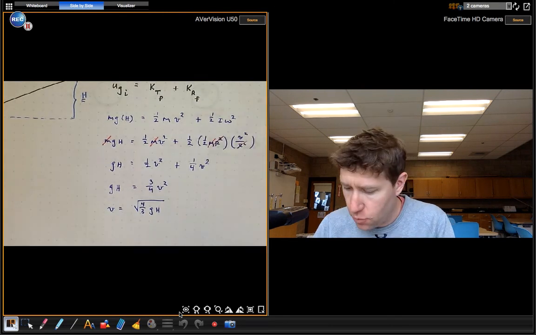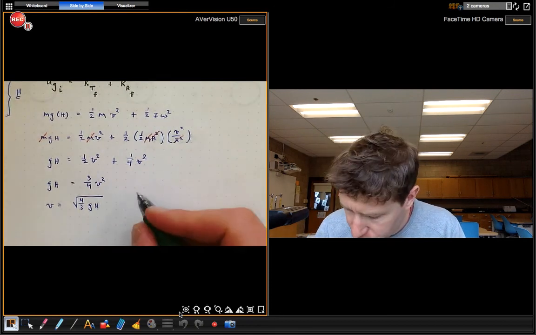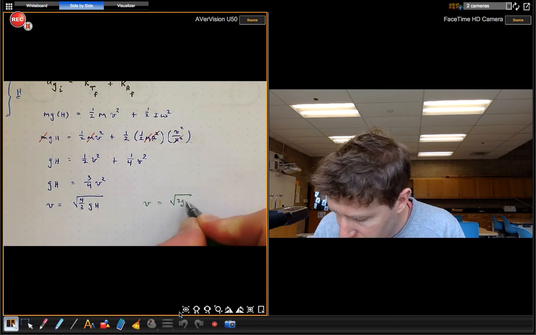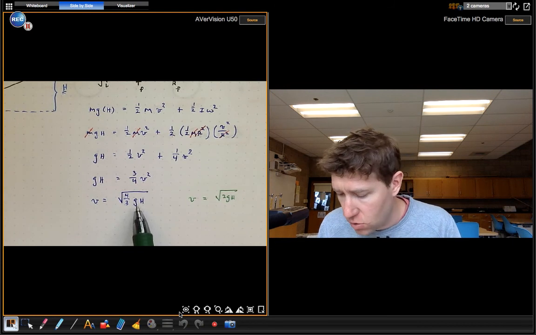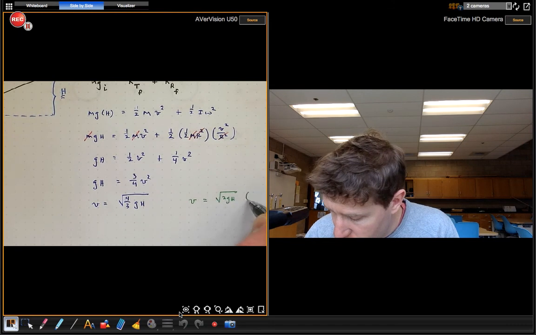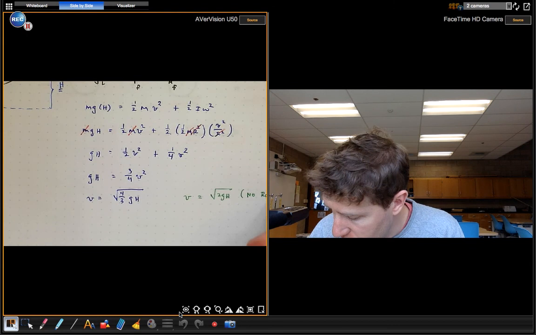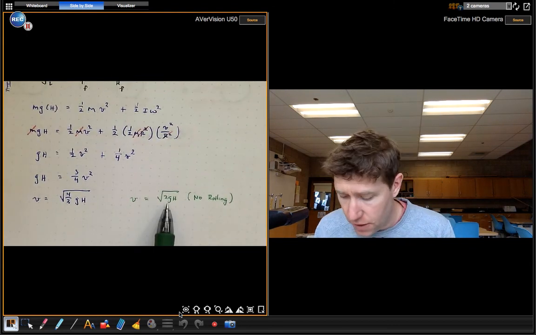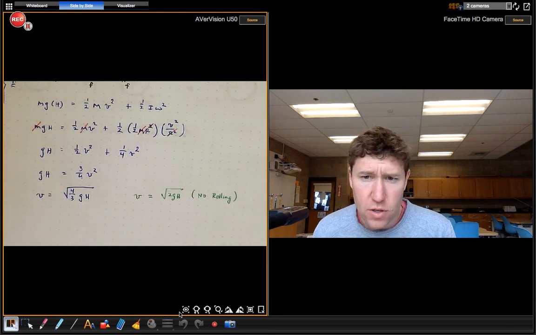And we would have ended up with v equals square root of 2gh. So we notice that the velocity in the case of rolling is substantially smaller than in the case where there's no rolling. This was the case of pure sliding. If it's sliding without friction, you get a greater speed than if it's rolling, which maybe makes sense.